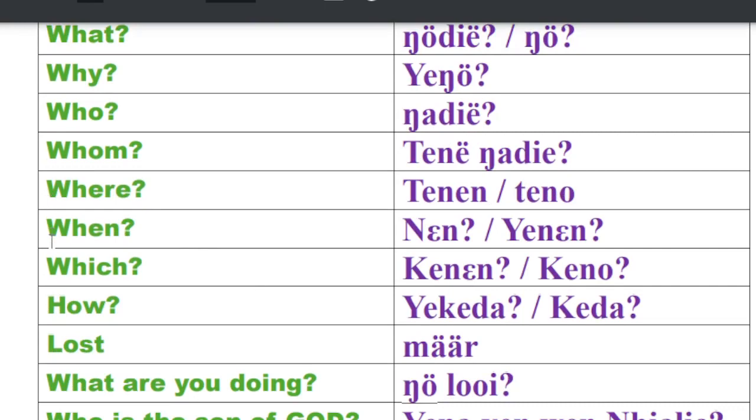The other question is when. When in Dinka you say nen or you say yenen. For example, when did you come? Yenen being. Or you can say ibonen.